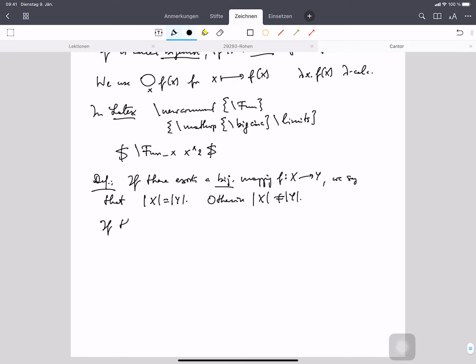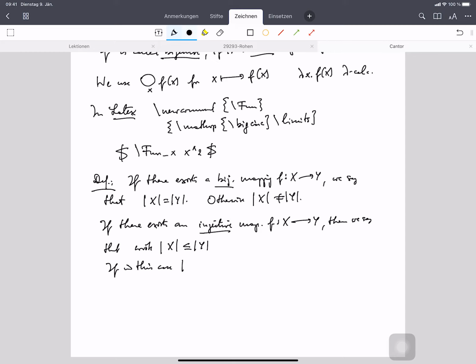If there exists an injective mapping f from X to Y, then we say that the cardinality of X is less than or equal to the cardinality of Y, and write X less than or equal Y. If in this case the cardinalities are not equal, we write this now.